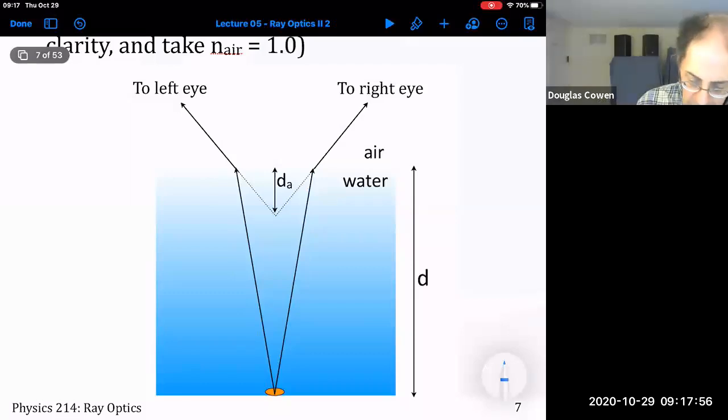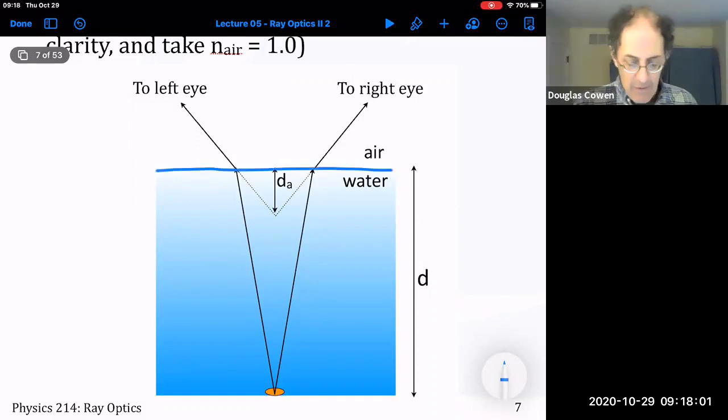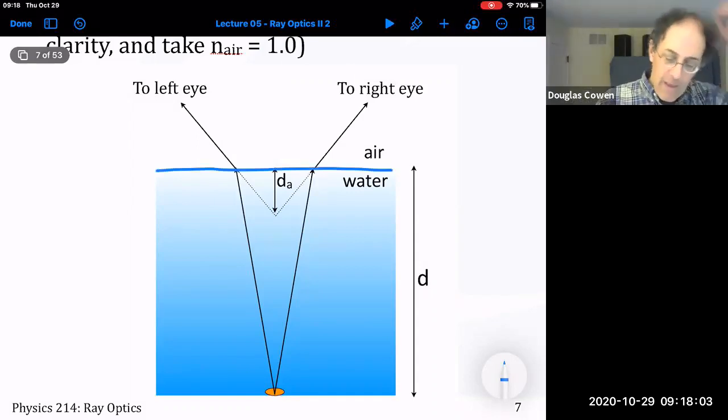Then they emerge at the water-air boundary, which is shown there. When they hit that boundary, they are going to refract. If I draw the normal here, you see that there's an incident angle here and a refracted angle here.